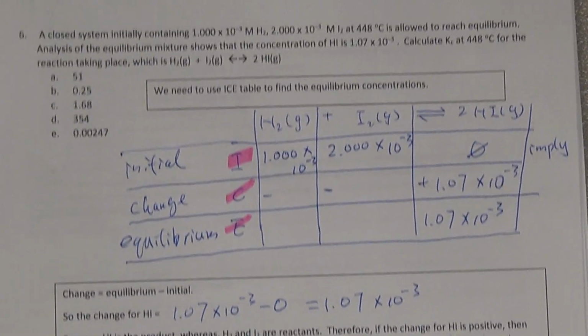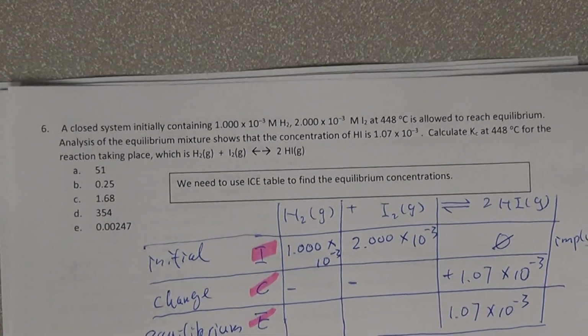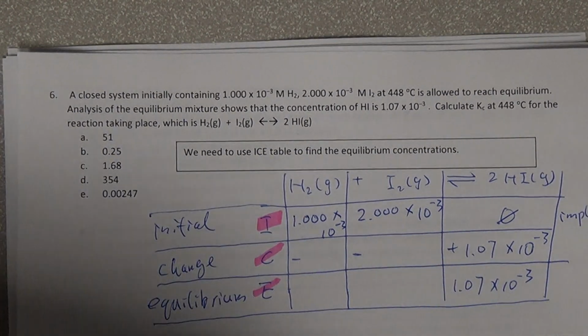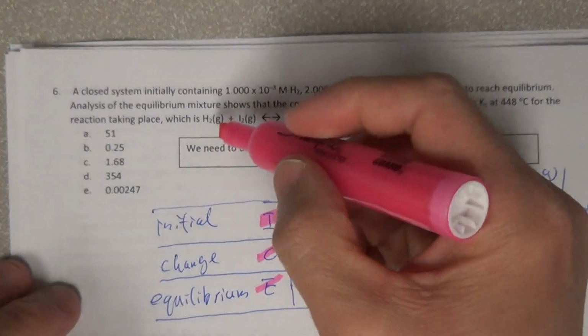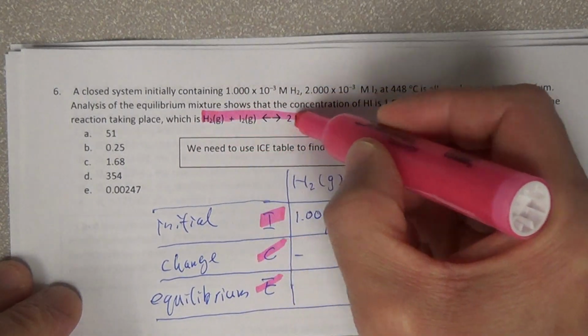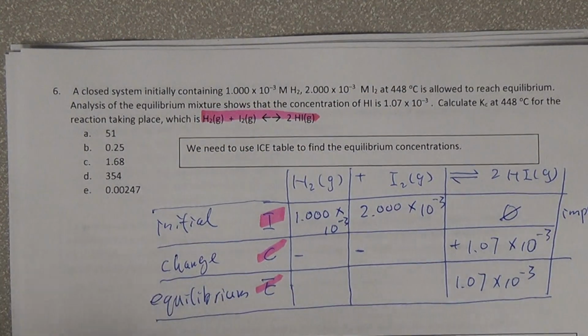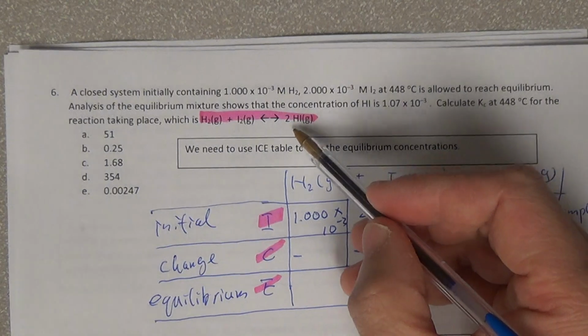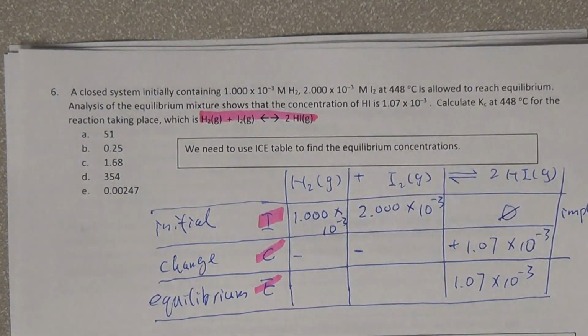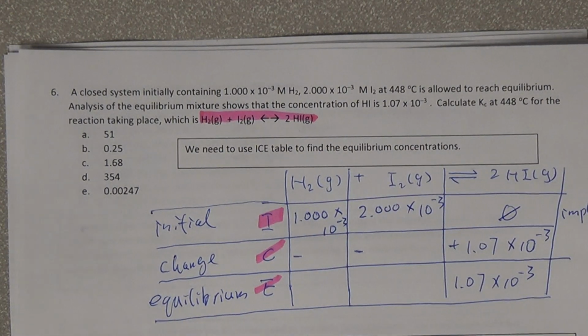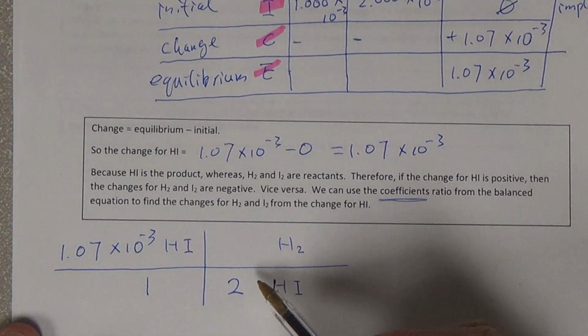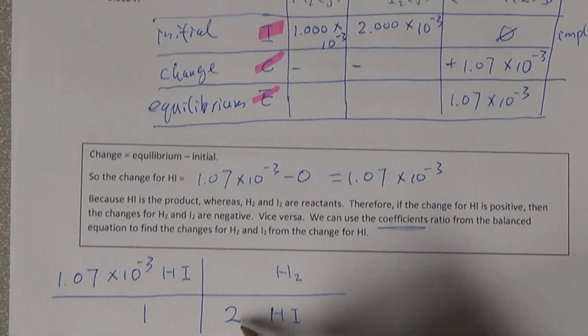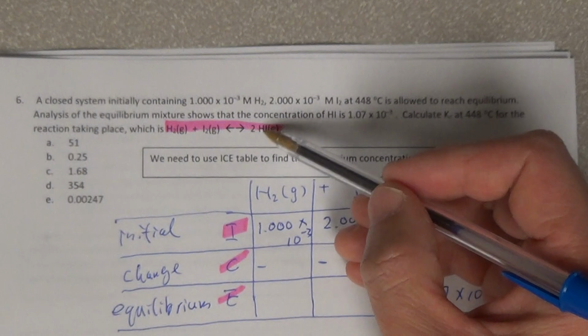Let's look at the coefficients in the equation. The equation, if I highlight, is this one here. In this equation, we can see the coefficient for HI is 2, so we write 2 here. So now you know where the 2 comes from: it comes from the coefficient in this equation.